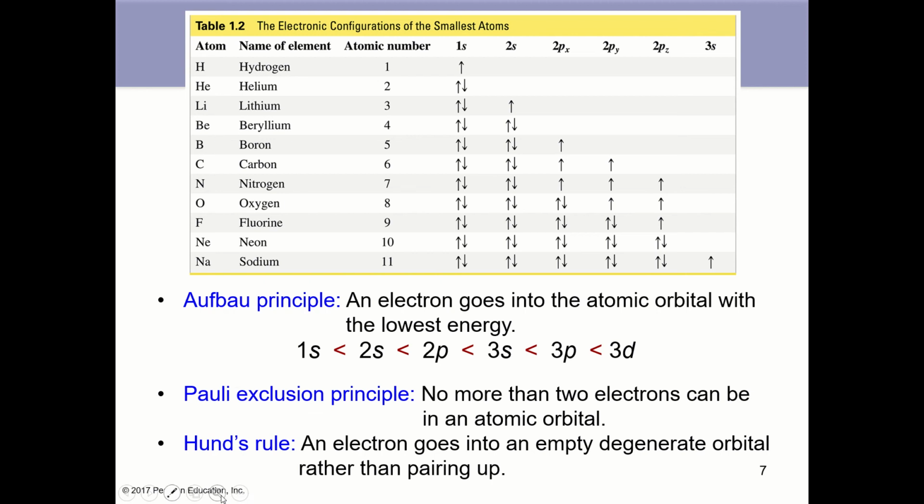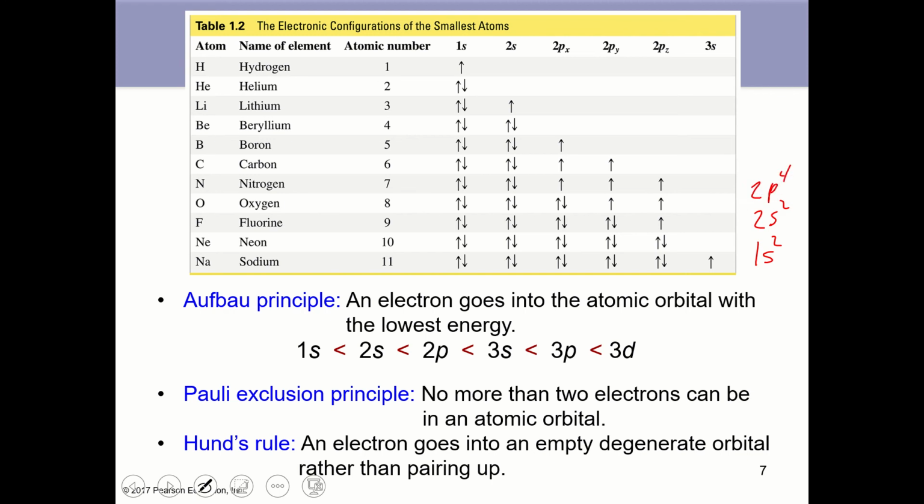If we write out an electron configuration for carbon, and we start at the lowest energy, we're going to have 1s2, 2s2, and 2p4.